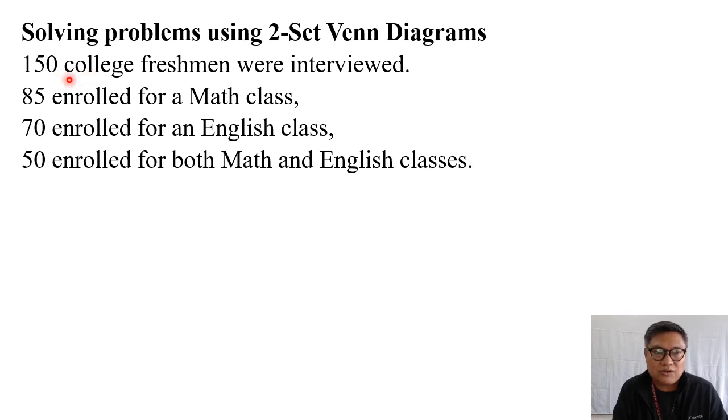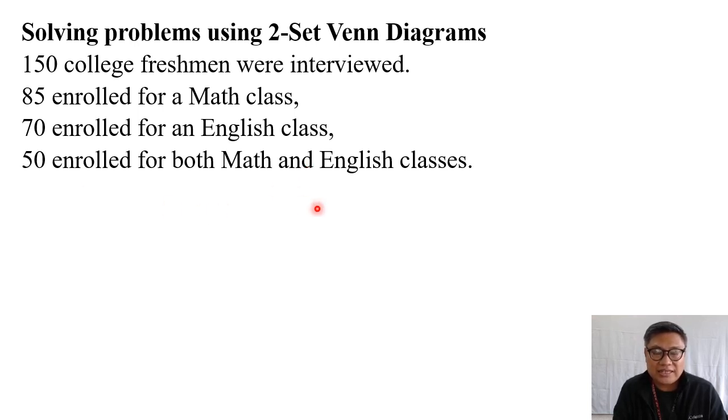This is the reason why, class, you really have to come up with a Venn diagram, so that you can see what is the real number for each of those four regions. Remember that we only have 150, and yet if you add 85 plus 70, that's already 155, plus another 50, that makes it 205. How is this possible?